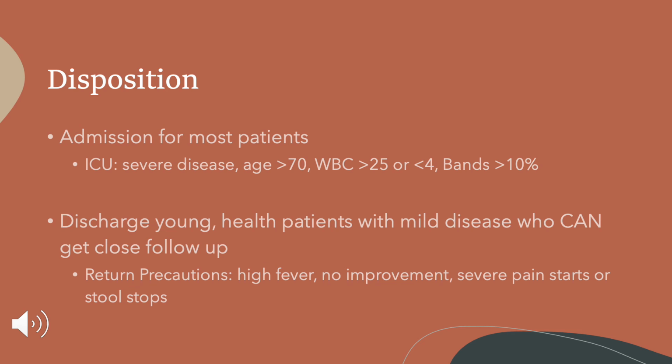The people that you would consider discharging are young, healthy patients, those with no past medical history, who have pretty mild disease, but you still want to include really strict return precautions, including high fever, severe pain that starts, and then no improvement over a prolonged period of time.